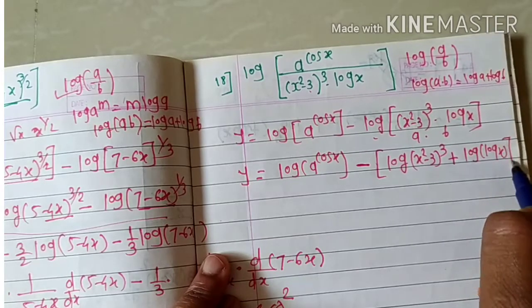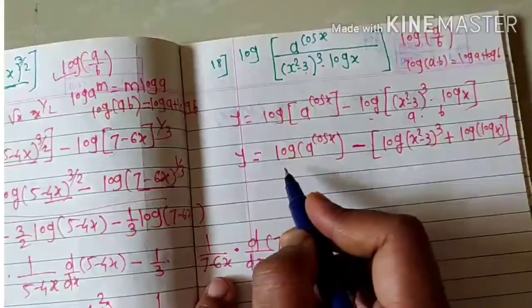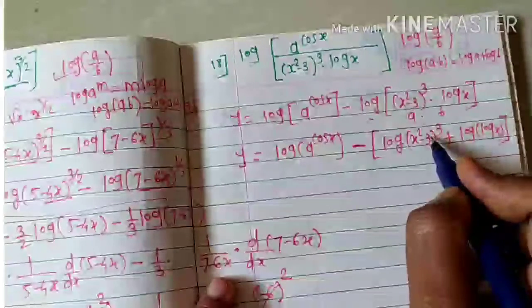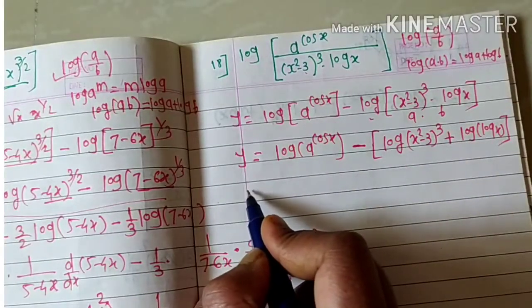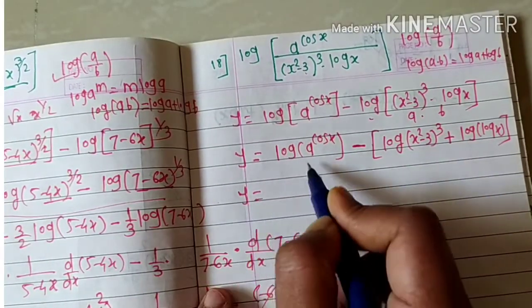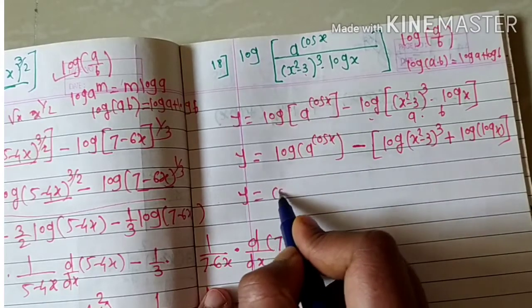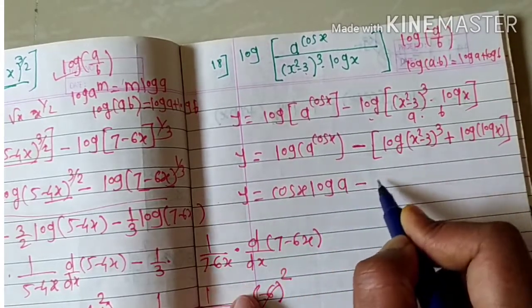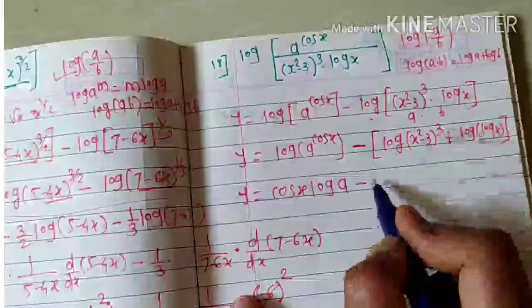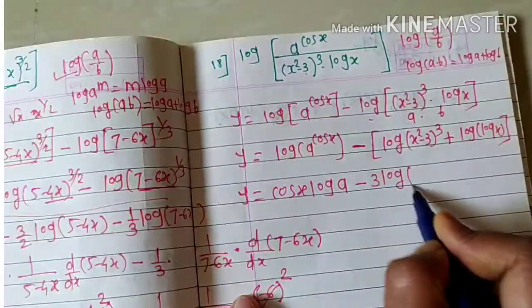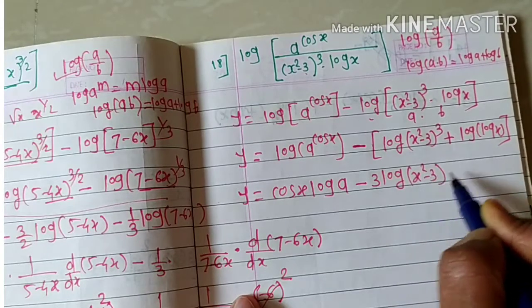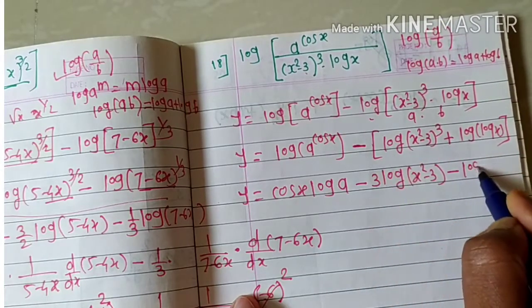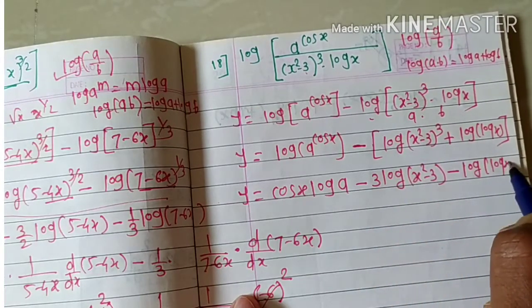Then after that, simplifying this, here again use the log a raised to m form and then differentiate. Therefore, y is equal to cos x into log a minus 10 times, by the log a raised to m form, 3 into log of x square minus 3, and this minus sign means log of log x.